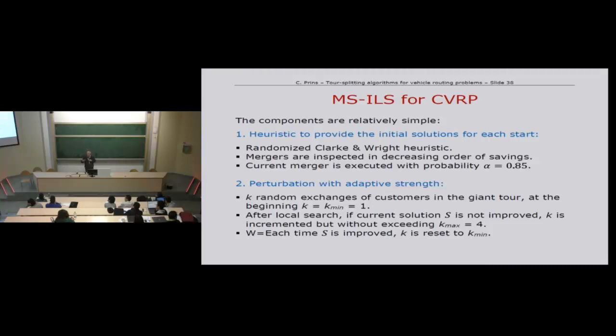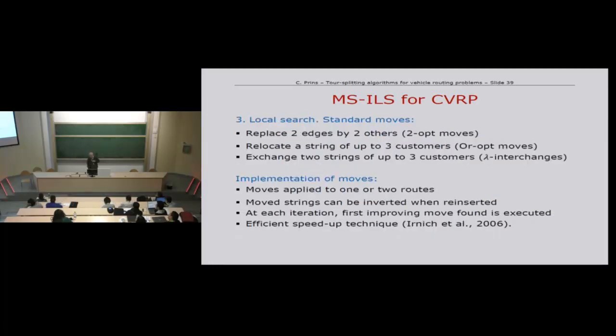And when the metaheuristic has difficulties finding a new best solution, then the strength of the perturbation will be increased progressively, and as soon as it is no longer necessary, you can reset the number of exchanges to its minimum number.